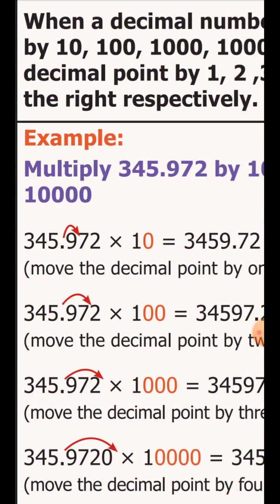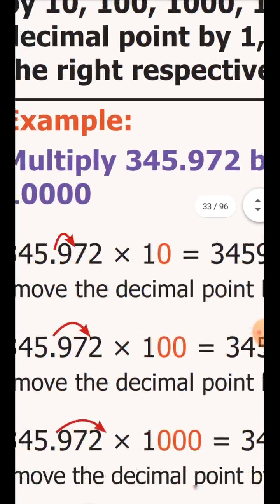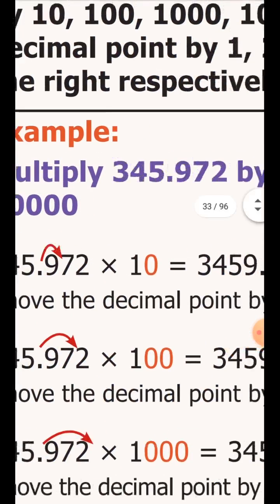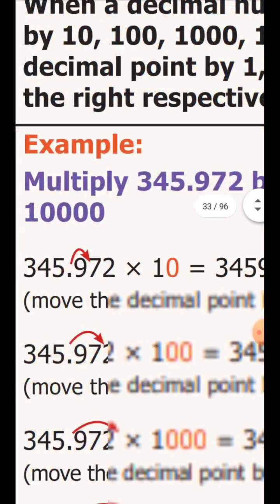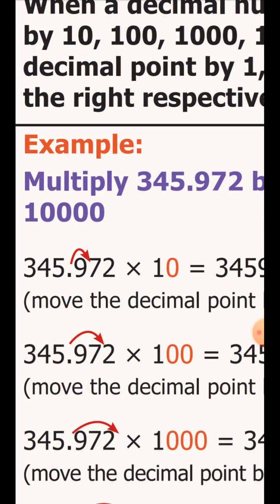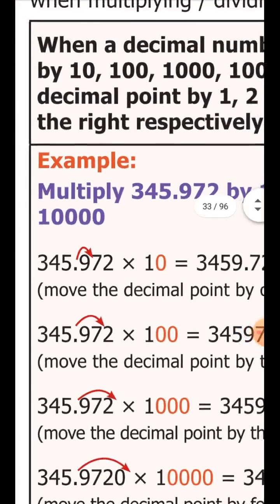We can show one simple technique. How many zeros are in 10? Only one zero. One zero means you have to move the dot by one place. So the dot moves one place, and we get 3459.72.